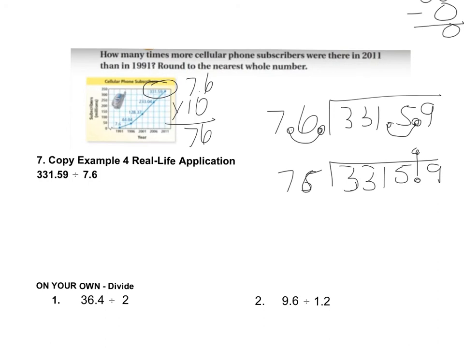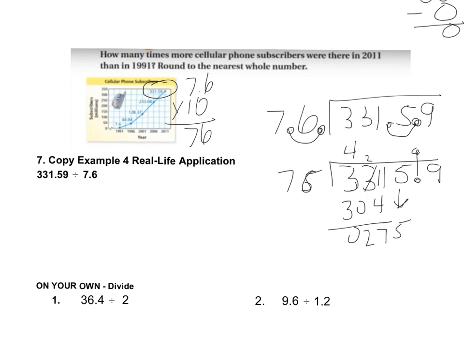No. Does it go into 33? No. Does it go into 331? Yes. How many groups of 76 go into 331? 4 groups. Okay, so 76 times 4 is 304. We subtract. 11 minus 4 is 7. That became a 2. 2 minus 0 is 2. 3 minus 3 is 0. Bring down our 5.